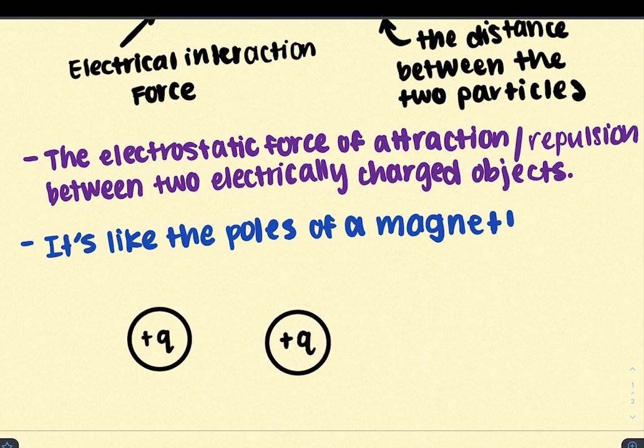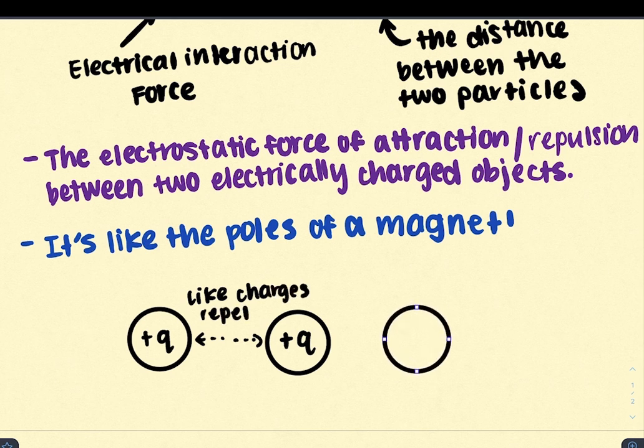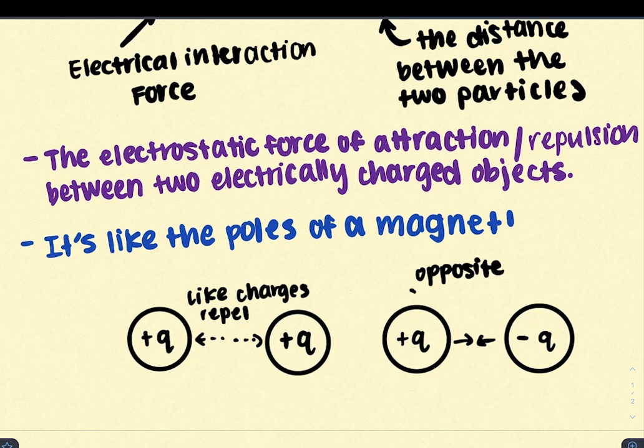This is just like the electrically charged particles, because if two particles both have like charges or the same charges, then they're bound to repel. On the other hand, if both particles have opposite charges, so one is positive and one is negative, then they will attract. So it's kind of like the North Pole and the South Pole.